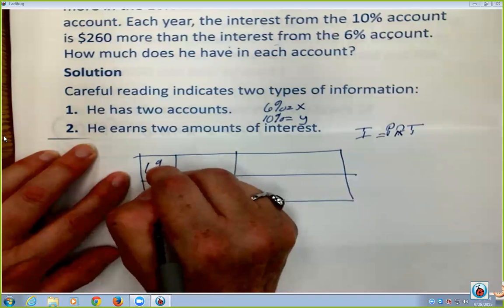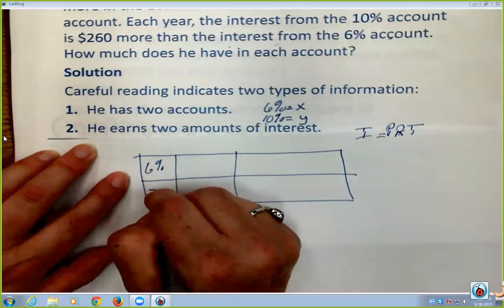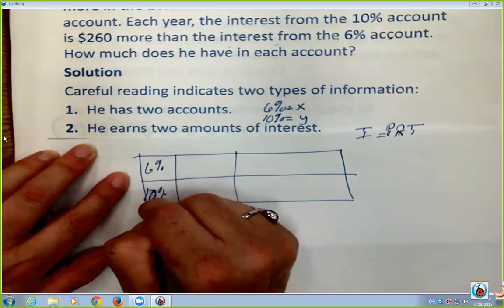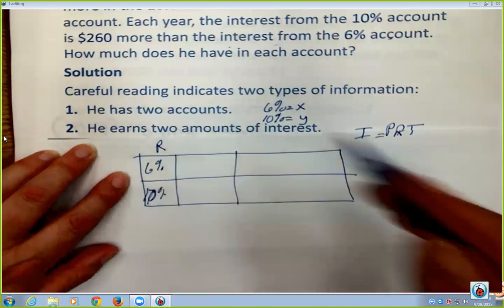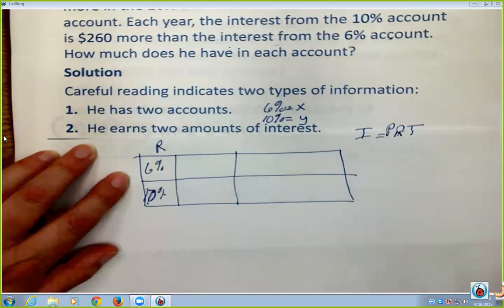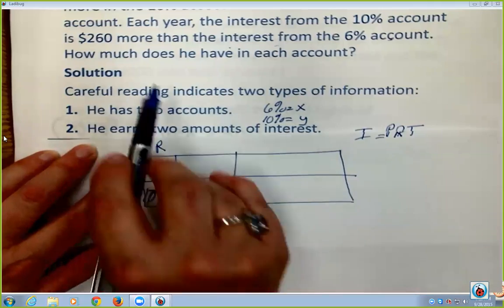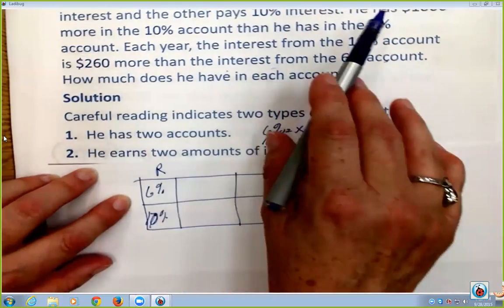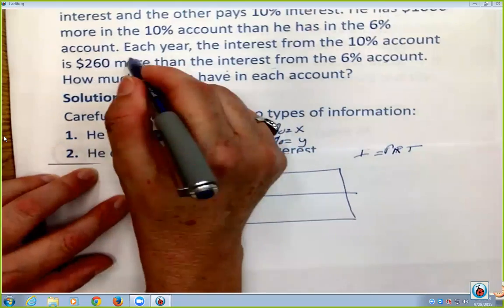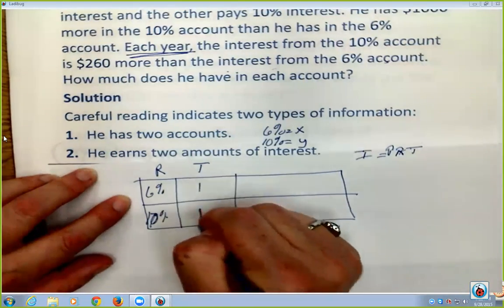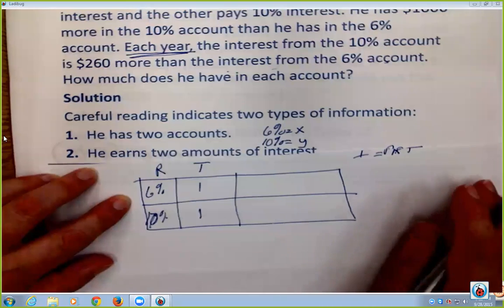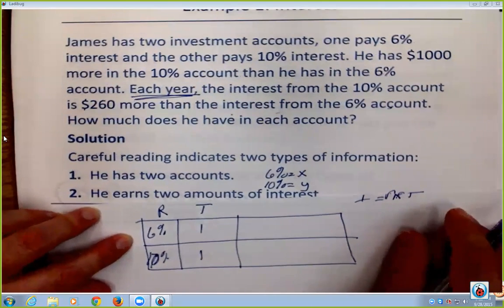So we have a 6% and we have a 10%. And so what is our interest rate? So that's the rate. How long does he have them in for? If we look back up above, he has 2 investment accounts and he has them in for a year. So the time is 1 and 1 because that's the amount he has for a year with those.